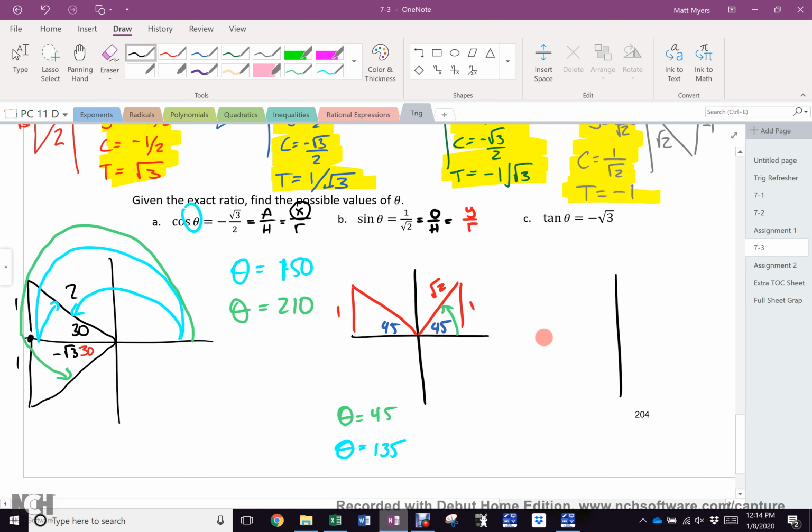What about tan? Tan's the toughest one. Why is it the toughest one to put on the graph, though? What have you noticed about both of these two, where they're sine and cos? Opposite over adjacent, so the hypotenuse isn't part of it. So it's not going to be beside each other, is it?